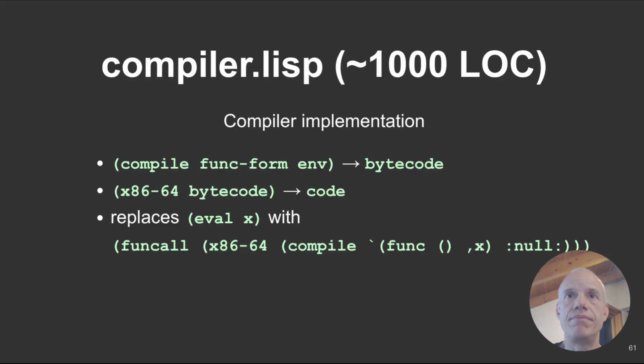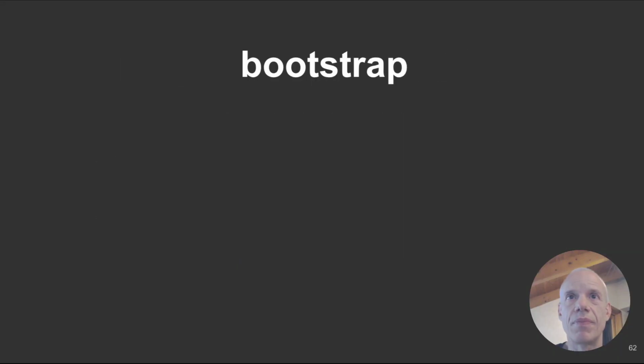And so after you load the compiler.lisp, everything you type in the REPL is actually compiled to machine code directly. Of course, all existing functions are still calling the interpreter, but new functions you define, as those are evaluated by eval, are actually compiled to native code. So how does the bootstrap work?